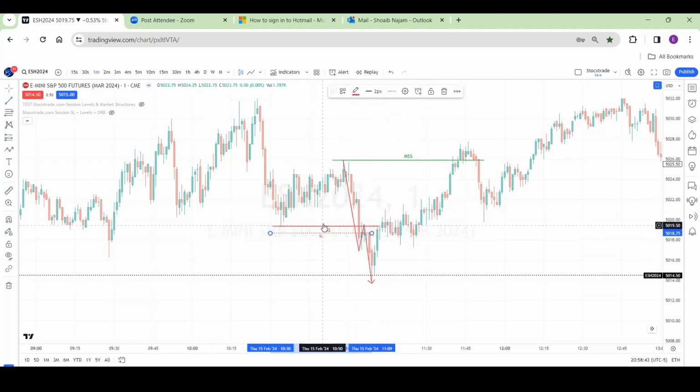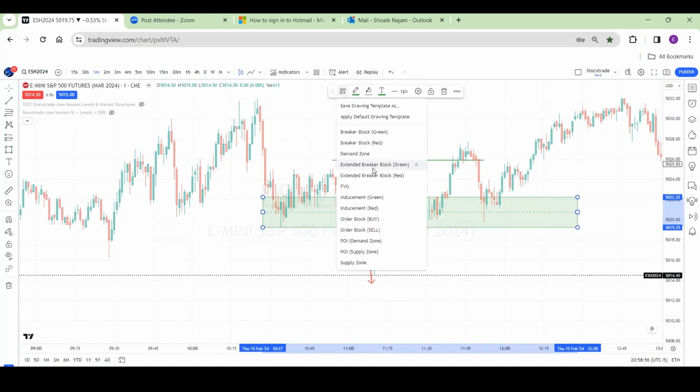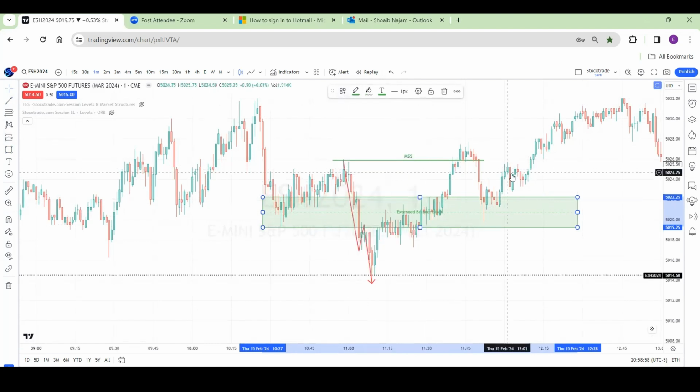Okay, anyway, so just mark this demand zone, which is with the market shift and extended. Okay, this is it. Don't add any other breaker block or demand zone, just say extended breaker block.